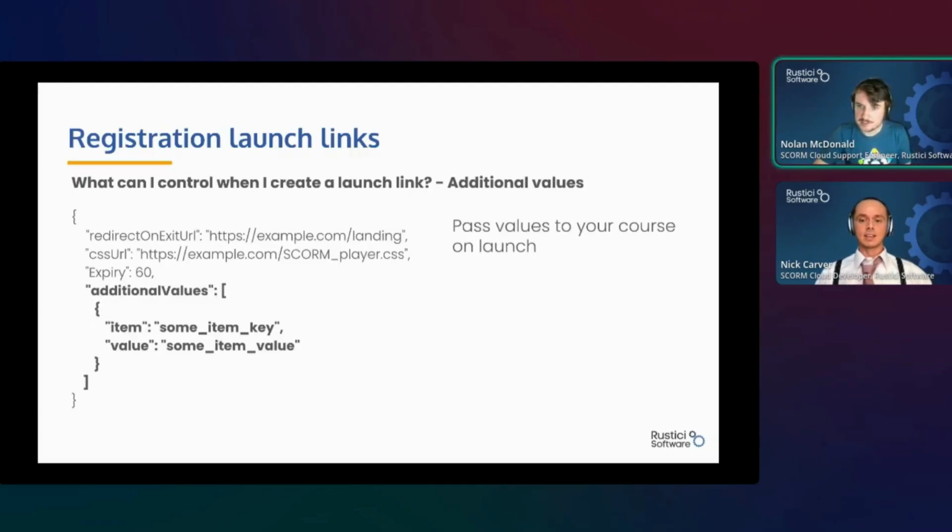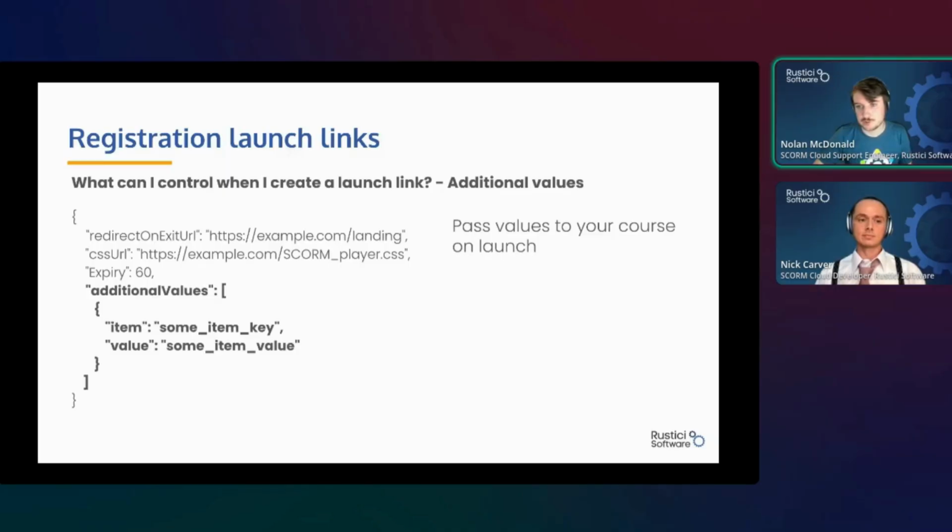Another thing you can pass on launch links, and this is a little specific, is custom launch data. Maybe the course is smart enough to change dynamically at launch time, depending on what information you're passing in. You can pass additional values, and these show up as key value pairs, query parameters on the URL of the first piece of content that gets loaded.